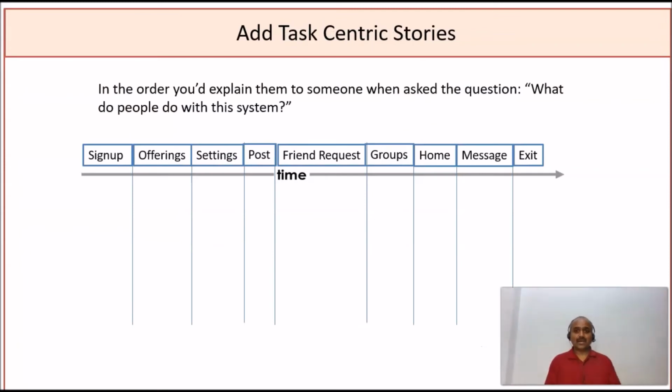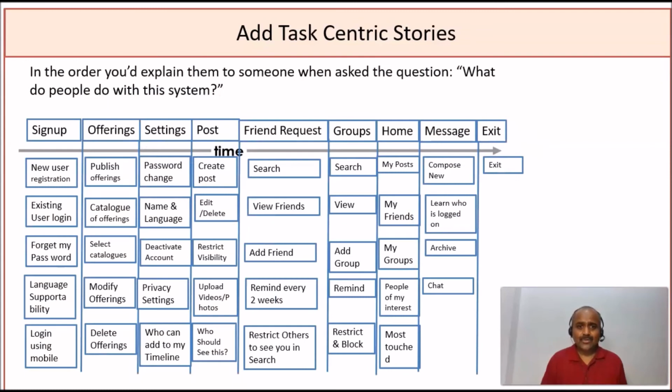Okay, friends. Now we are all set to add task-centric stories. We have asked the user community, what do you do with our system, and we have come up with the column headings. So this is how the user journey is going to be. This is called the walking skeleton. Okay, now we will basically start arranging the user stories.